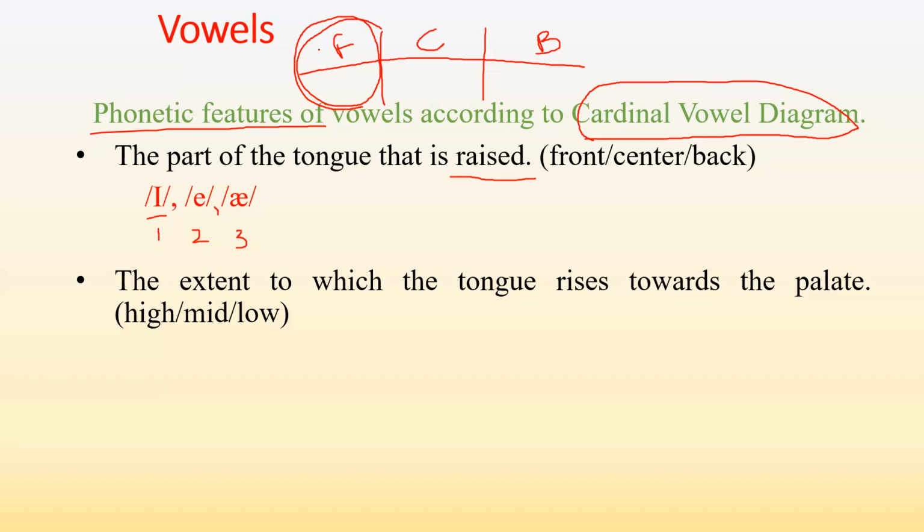And when you say A, the second vowel, it is not the front, and not the back either. It is the middle area, the central area of the tongue, that feels the movement. Isn't that so? Are you checking?